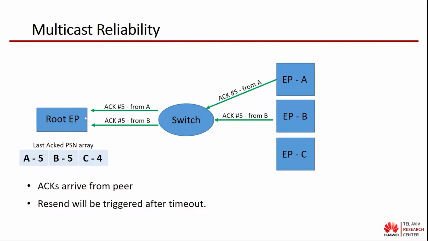Later, the root got the ACKs from A and B, but not from C. So here we have an array that shows us which ACKs were received from the receivers. And after a timeout, the root will resend the messages that were not received to all again, in a multicast.